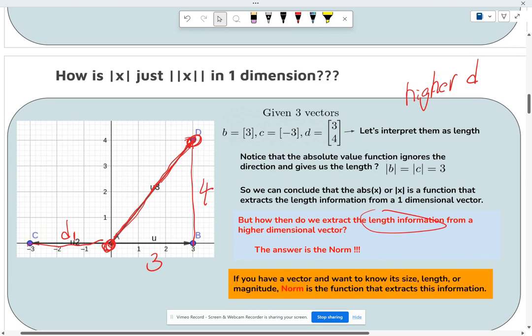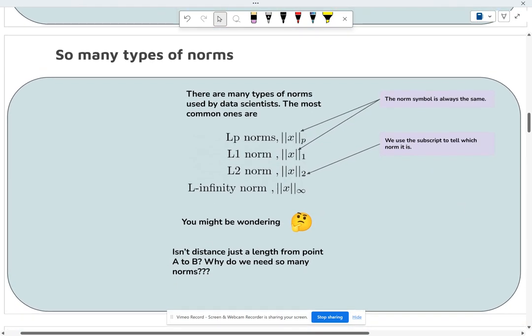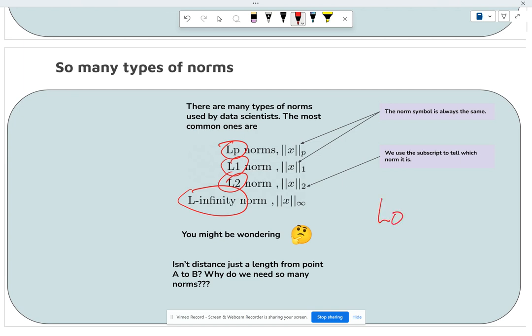Now, there are many different types of norms. There's the LP norm, L1, L2, L infinity. In fact, there's one called L0, which is not really a norm, but we call it a norm for some reason.